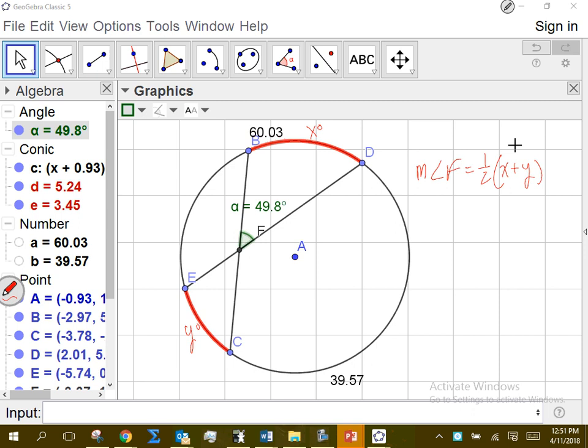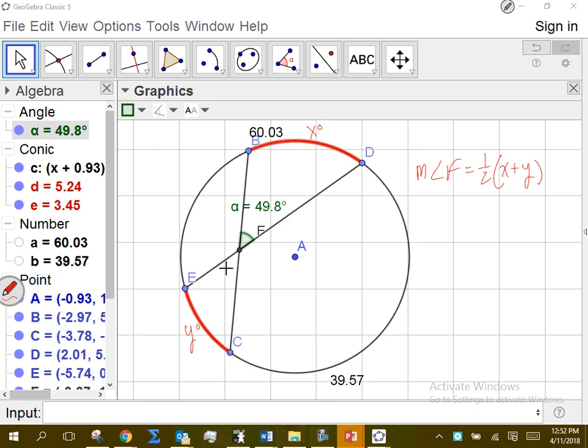If I put my cursor right there, it's that angle, 49.8 degrees. So the arcs that are created by the angle that I'm interested in on the inside, 49.8 degrees, and the arc that's created by its vertical angle, if we add those two arcs together and then divide by 2, we will get the measurement of that interior angle.